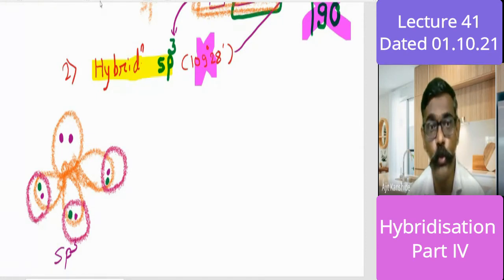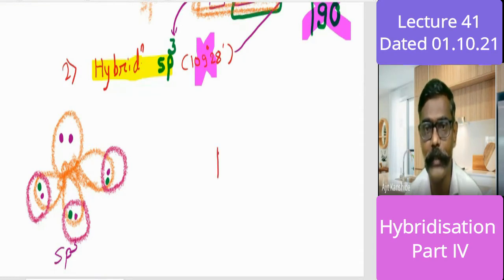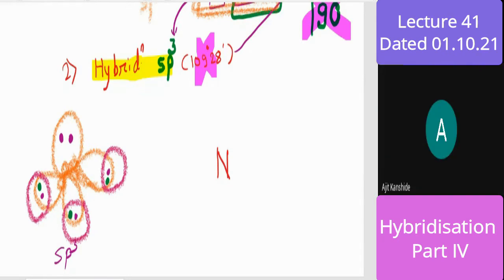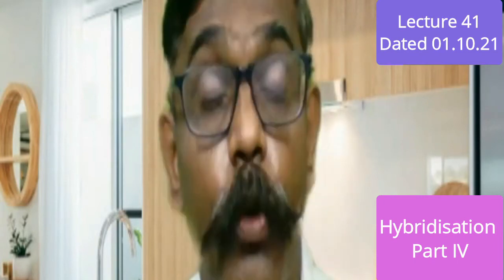So they will overlap, due to which I can represent the structure of ammonia with nitrogen, the first bond pair, second bond pair and third bond pair, and on top a lone pair.